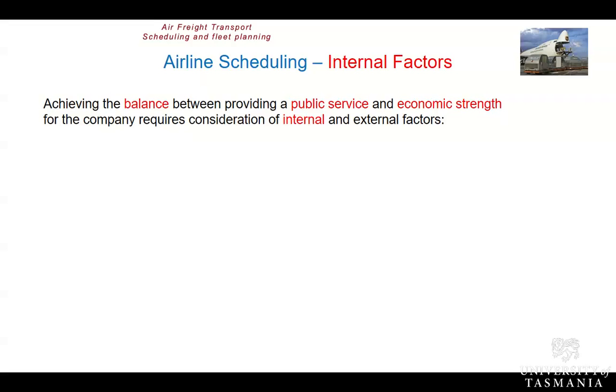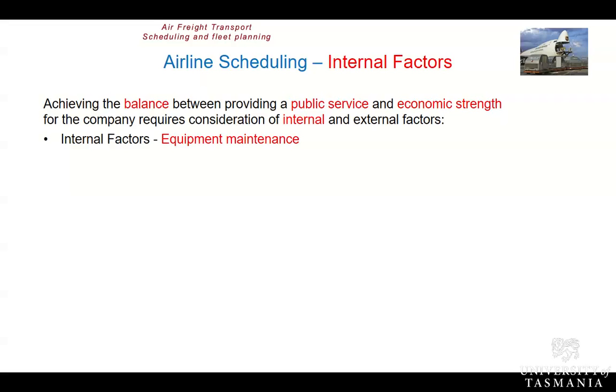So to do this is this idea of balancing up things at your disposal in most cases, so internal factors as well as some aspects that are external to the organisation which you have less control over.